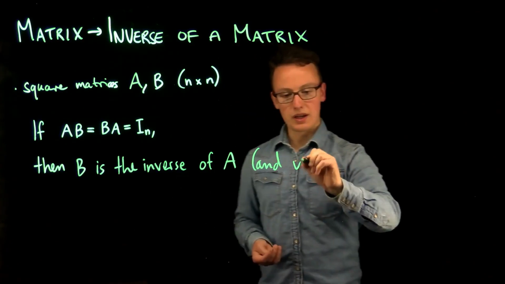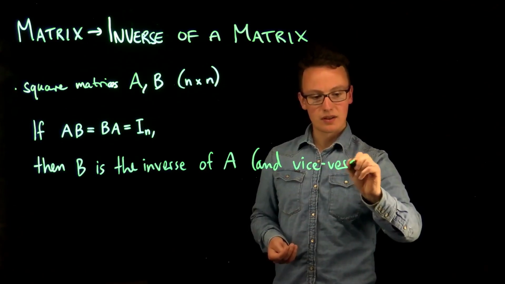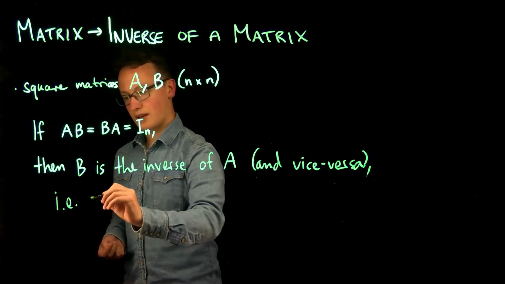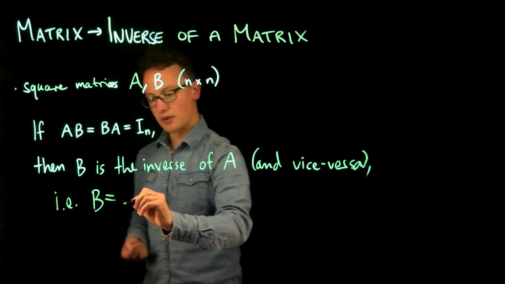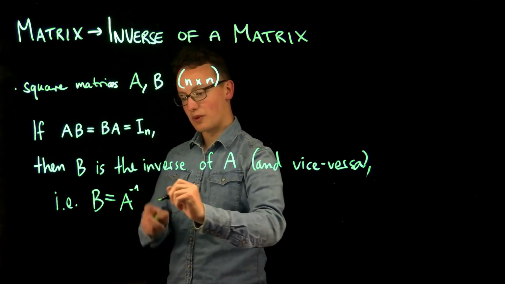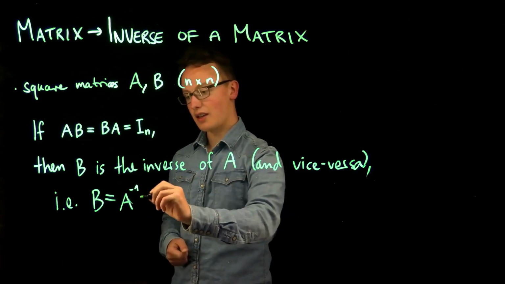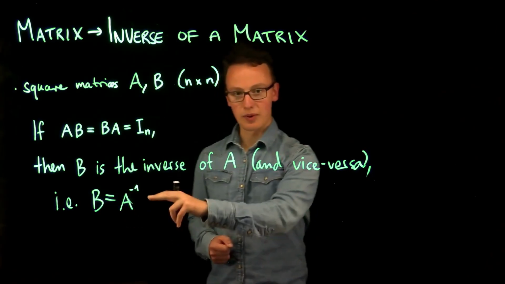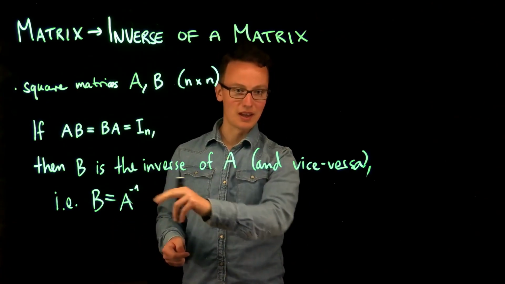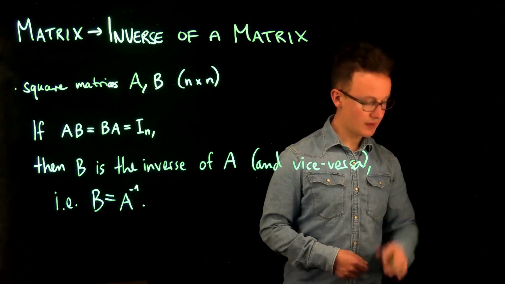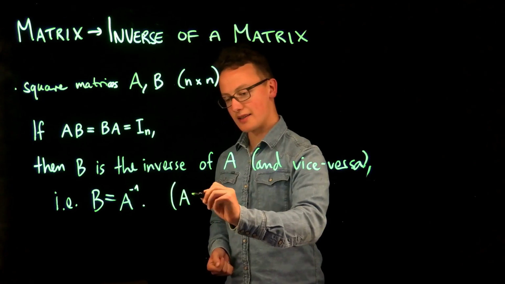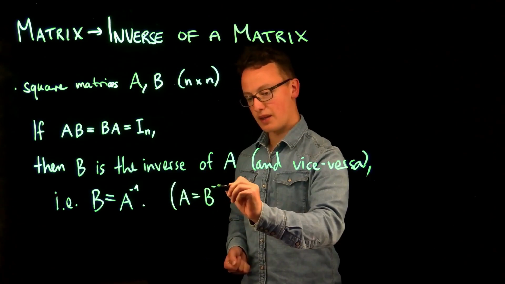We can also write the inverse as follows: B is equal to A to the power of -1, which is our notation for inverse. That just reads as the inverse of A. And likewise, vice versa, A is the inverse of B.